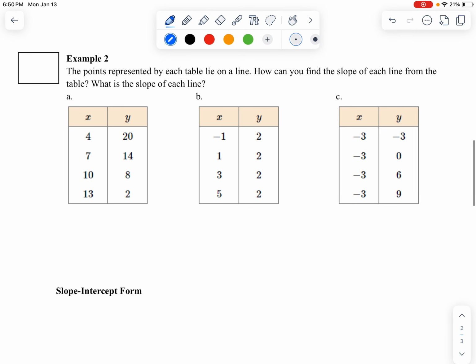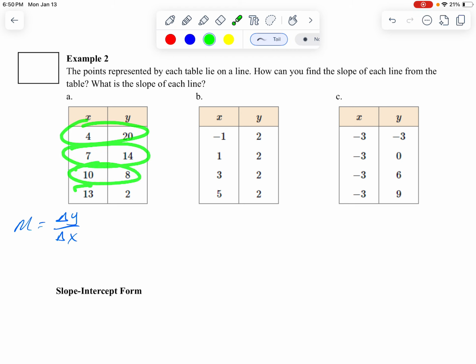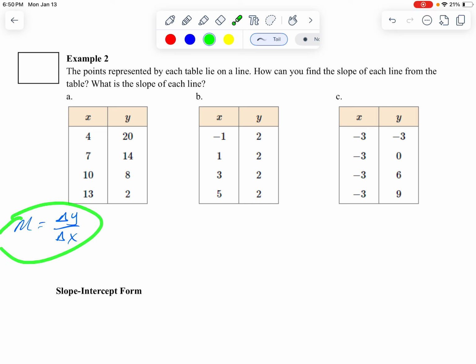Okay, moving on to tables. So again, a couple different ways we can think about this. I'm first going to think about change in y over change in x. So these are just points that are on the line. They may not be in order, it's just a list of points that are on the line. And if we want to think about change in y over change in x, we're just going to look at any pair of points.